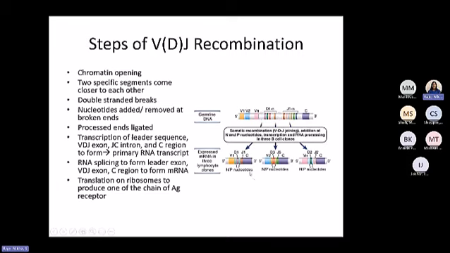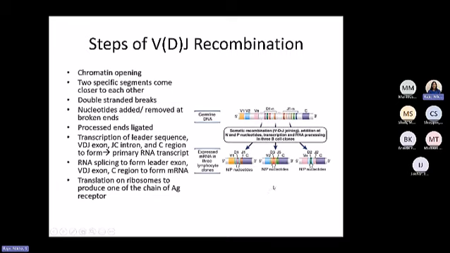So then there is transcription of the leader sequence, so VDJ exon, then there is that intron in between J segment and constant region, and then there is the C region that is transcribed. That's your primary transcript.